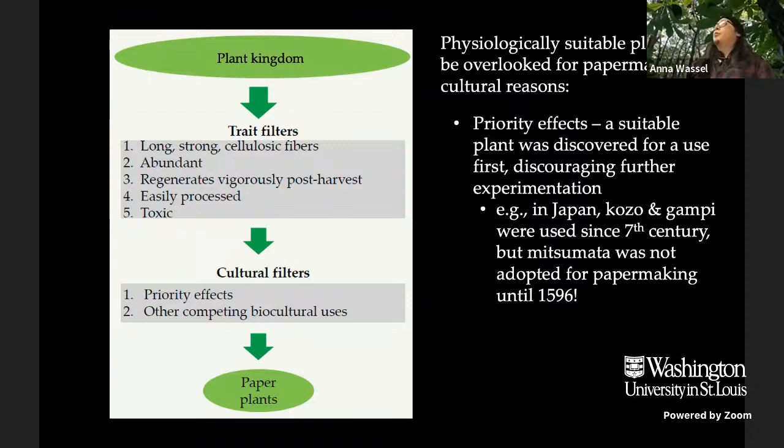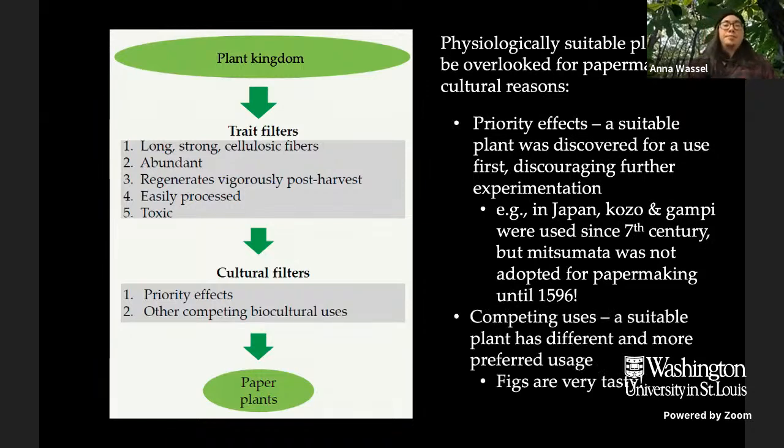On the other hand, there are people who really like to experiment. And so that kind of push and pull, I believe, explains why some millennium has passed in Japan where people use only 2 species for traditional paper. It's not until about 1600 that Mitsumata is adopted.